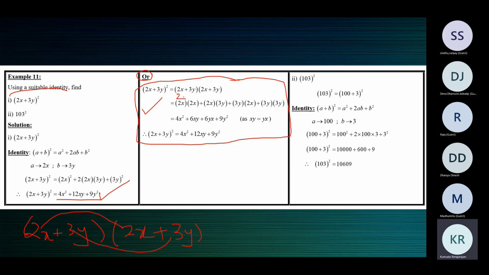So here, this is the regular method: 2x into the second bracket, 2x plus 3y, plus 3y into 2x plus 3y.